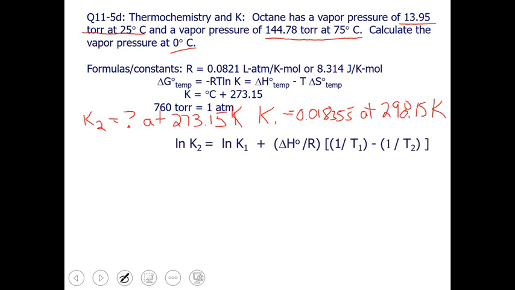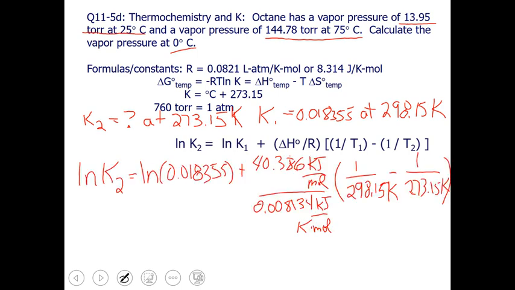So here we're going to solve for K2 at 0 degrees Celsius, which is 273.15 Kelvin, and I will assign K1 as our previously determined value of 0.018355 in units of atmospheres at 25 degrees Celsius, which is 298.15 Kelvin.